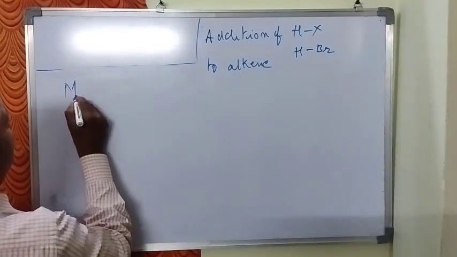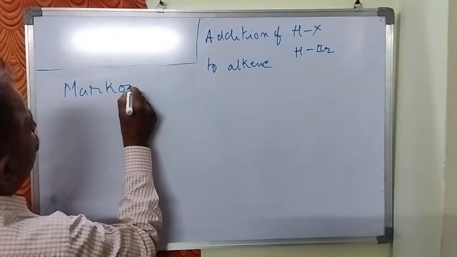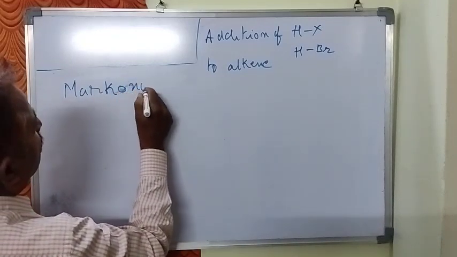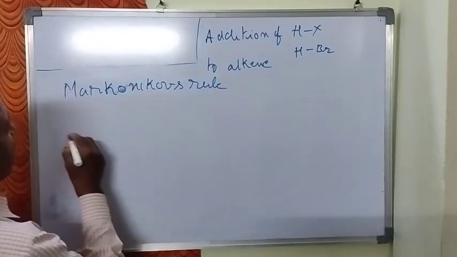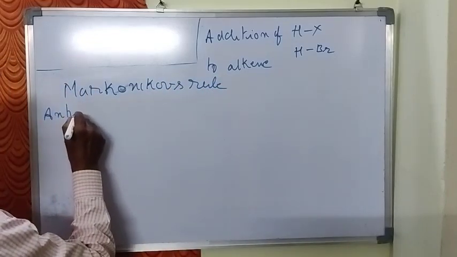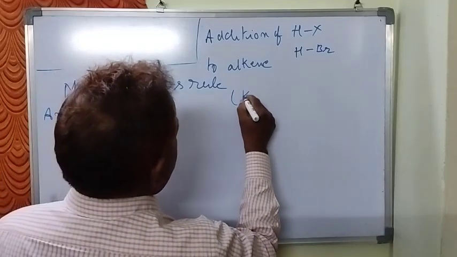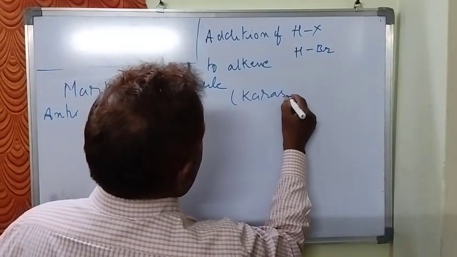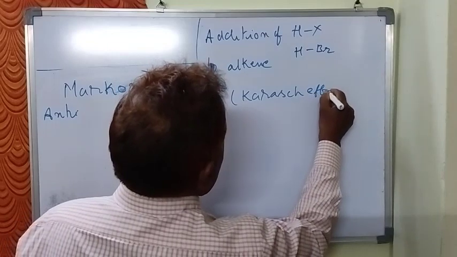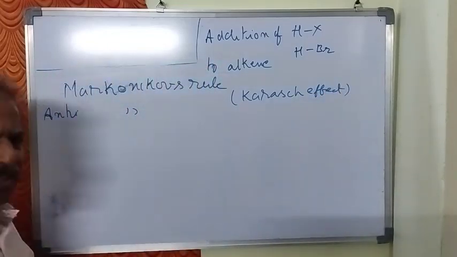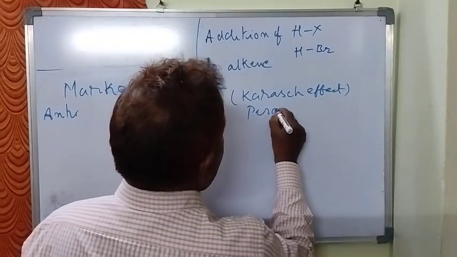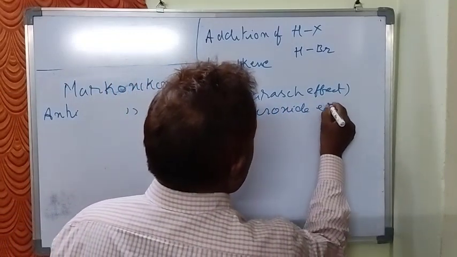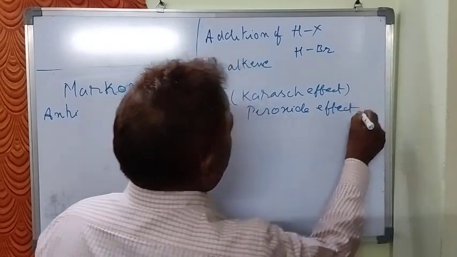One is Markovnikov's rule. Another one is anti-Markovnikov's rule, or this is the Kharasch effect or peroxide effect. Peroxide effect.